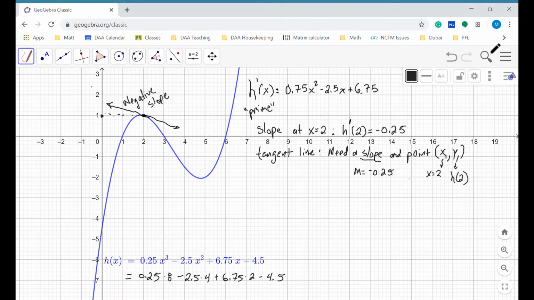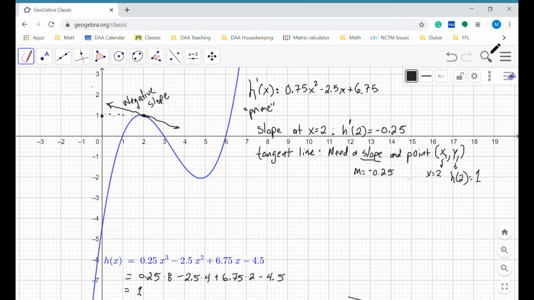We got our calculator for that, and I believe it's going to give us 1. I think I just did that in a previous problem, so I know that that's equal to 1. So there's our point, there's our x1 and our y1, and then our slope.